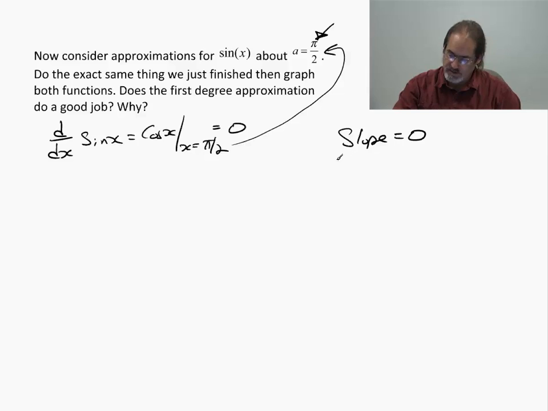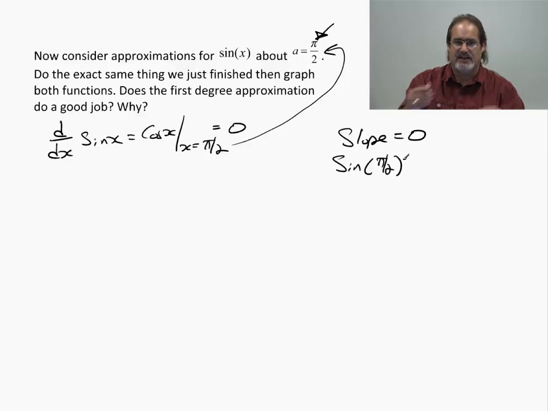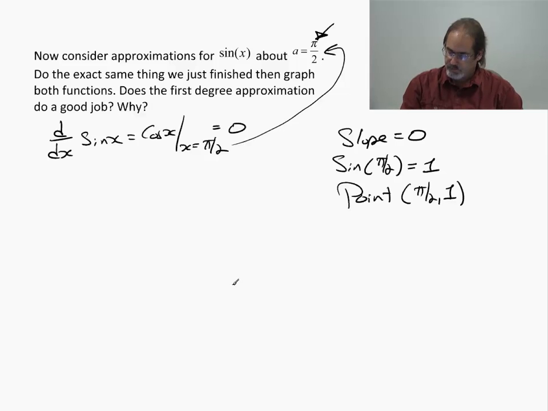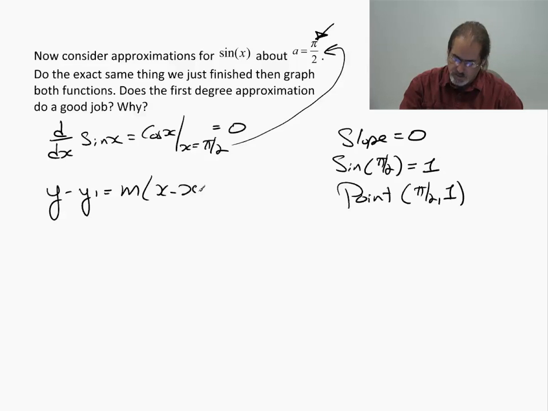Now what is sine of pi over 2? I want to match it at x and y. I want to match those points. Well, sine of pi over 2 equals 1. So I know that I have the point x equals pi over 2, y equals 1, with a slope of 0. So I can use that same form again: y minus y1 equals the slope times x minus x1.